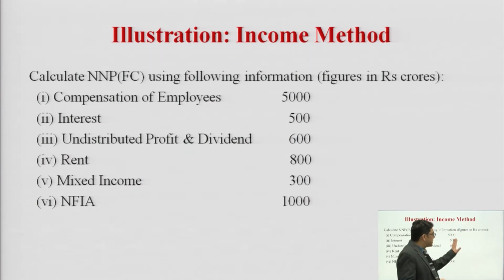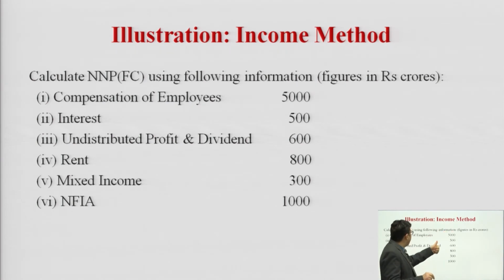So by the income method we reach NDP at factor cost, and we have to reach NNP, net national product, using the following information. Compensation of employees is 5,000, interest is 500, undistributed profit and dividend is 600, rent is 800, mixed income is 300, NFIA is 1000.